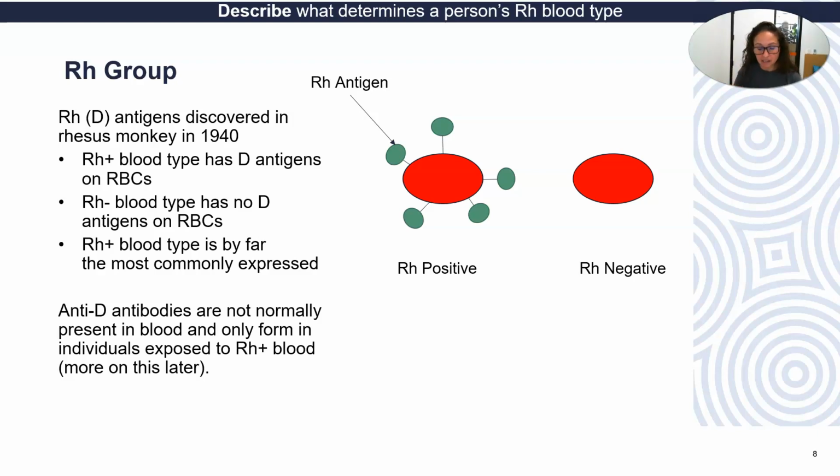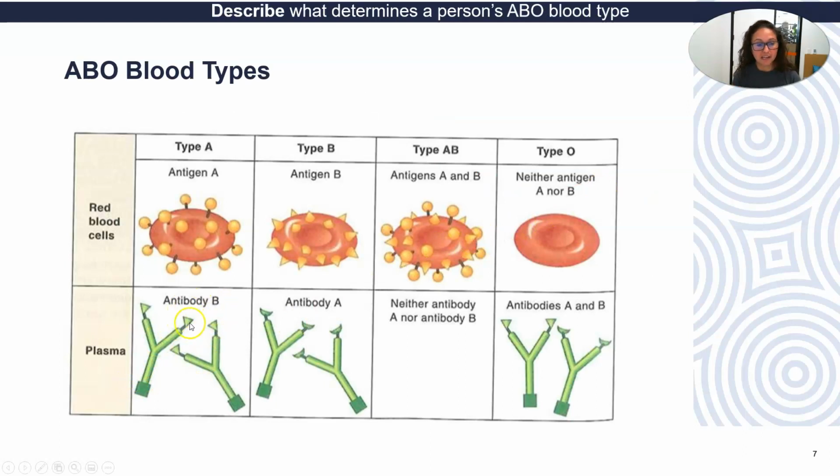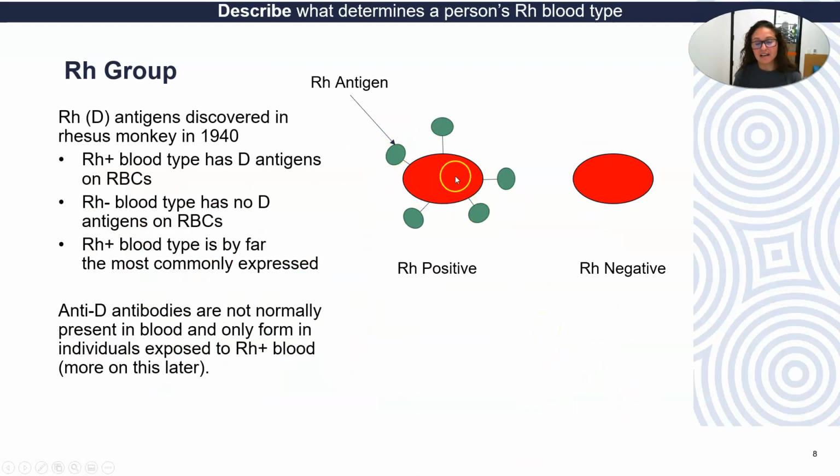The antibodies are only these ones: B, A, or together. Don't worry about the anti-D. Normally people don't have anti-D antibodies. So ABO grouping gives you the letters, and the Rh group gives you whether you're positive or negative.